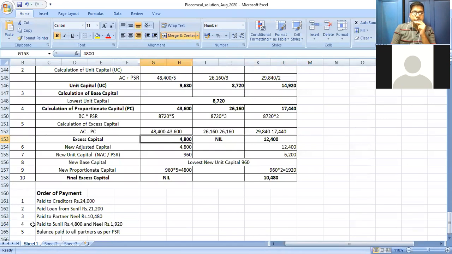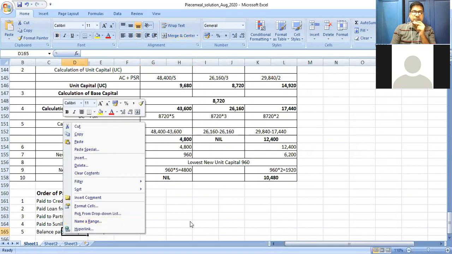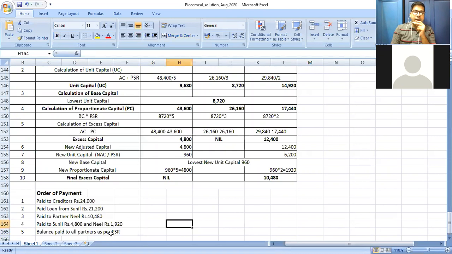This is the fourth order. Then if any amount remains, it is paid to all partners as per their profit sharing ratio. This is the order of payment for problem number 4. I hope you understood this order of payment.